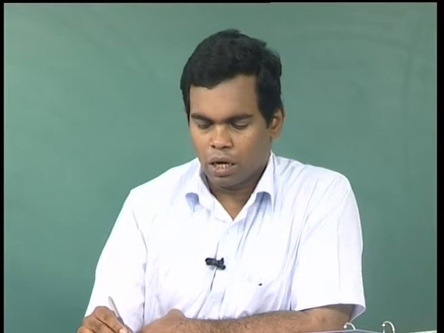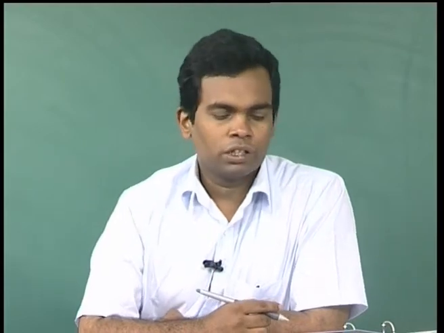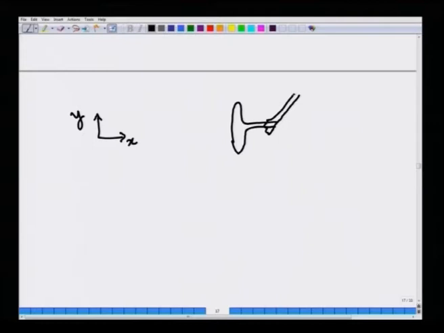Now, I want to illustrate this with a slightly different choice of CV, because the choice of CV is completely in the hands of the person who is solving the problem. Therefore, we can always choose some other CV. So, I am going to illustrate this like this. This is the solid surface, and your hand is holding it.